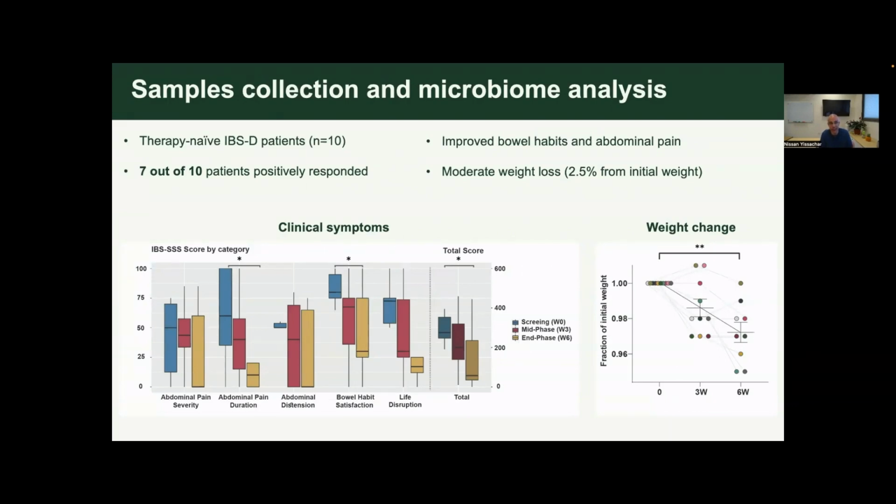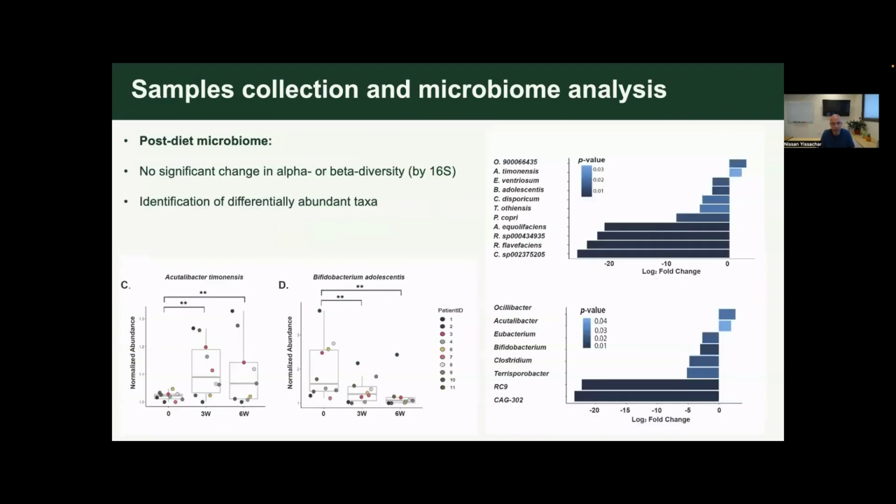Clinically, about 7 out of the 10 patients reported improvement in their symptoms. And we show that over this 6 weeks period, we can detect specific changes in microbiome composition. We can see that the abundance of some bacteria was increased, and the abundance of some bacteria was decreased on this diet.